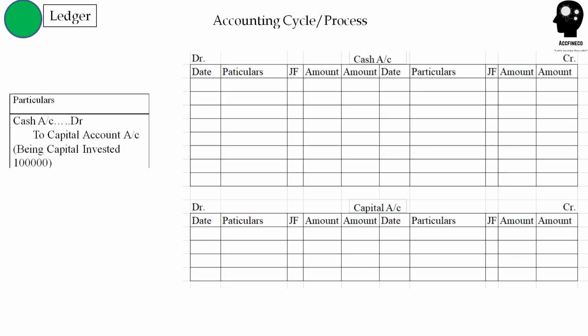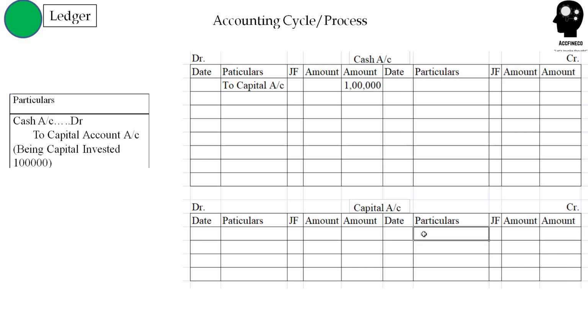Cash account debit to capital. Now, cash account debit, which means you go to the left side of the cash account and write to capital. Similarly, since capital is in the credit and credit means right side, we go to the right side of the capital account and write by cash. Simple, right?